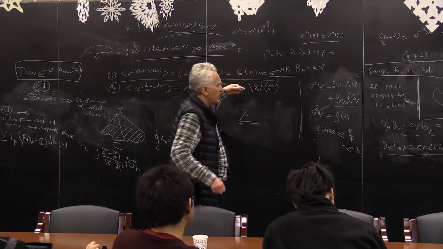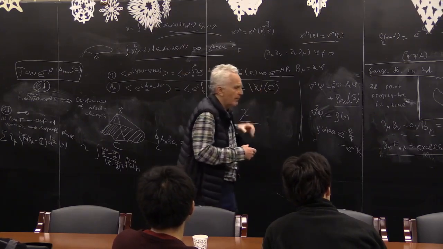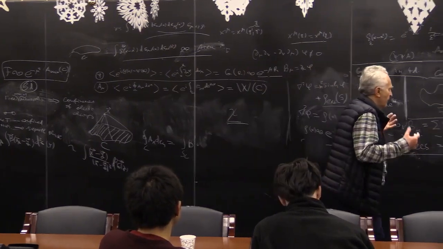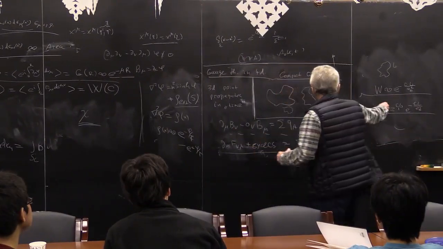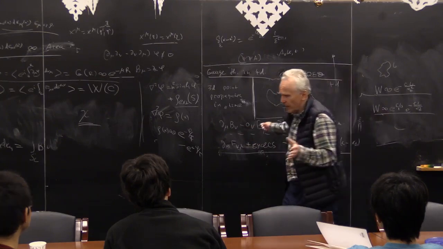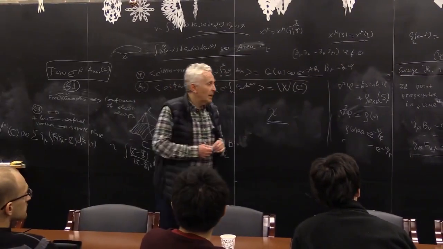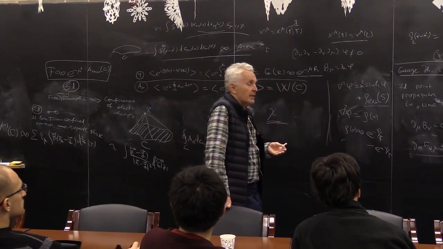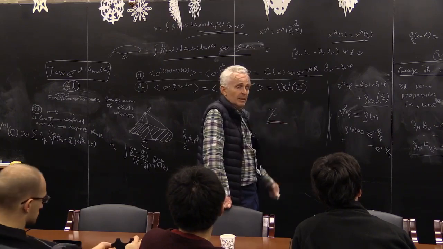And those monopoles are irrelevant at small coupling, but there's a phase transition which makes them relevant, according to this entropy argument, the Polyakov argument.